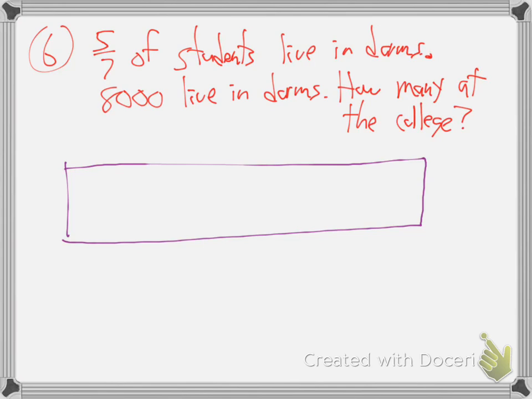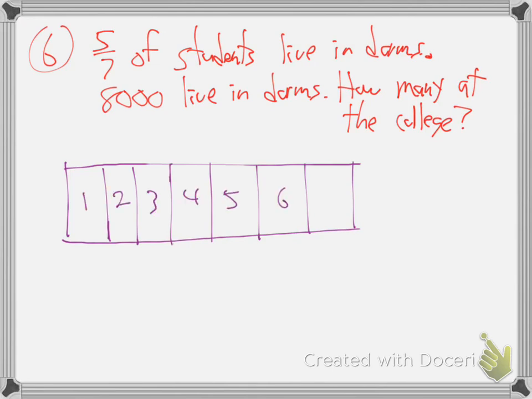Just do the best you can. 1, 2, 3, 4, 5, 6, 7. So that's good enough. I'll just erase the rest. There we go. So there's 7 pieces. In fact, I'll write numbers in there if that's helpful. So there's 7 pieces.